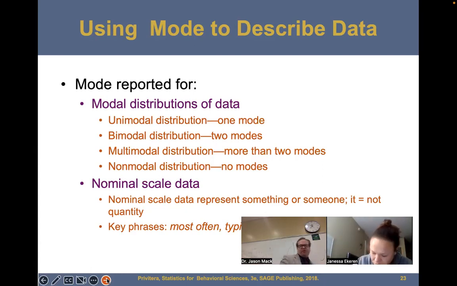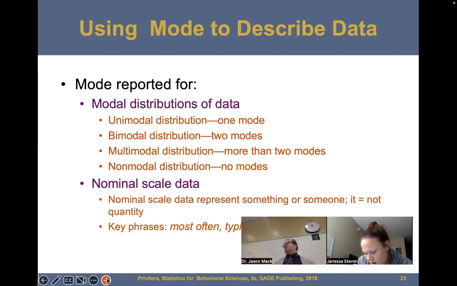If we have scores like 5, 7, 8, 9, there's no mode because they all appear equally. As soon as we have 5, 7, 7, now we have a mode. Without that second 7, you would refer to this set of numbers as non-modal.